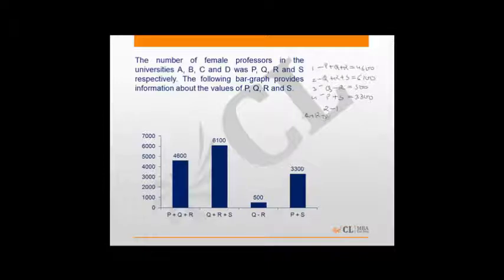Q plus R plus S minus P plus Q plus R is equal to S minus P, and it is equal to 6100 minus 4600, which is 1500. I've got another equation. Let's say it is equation 5.